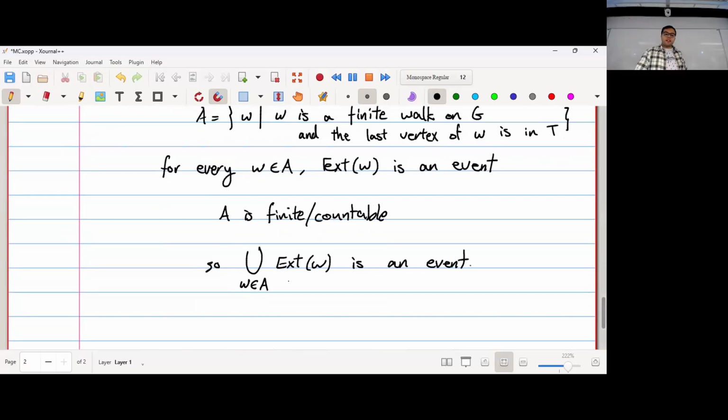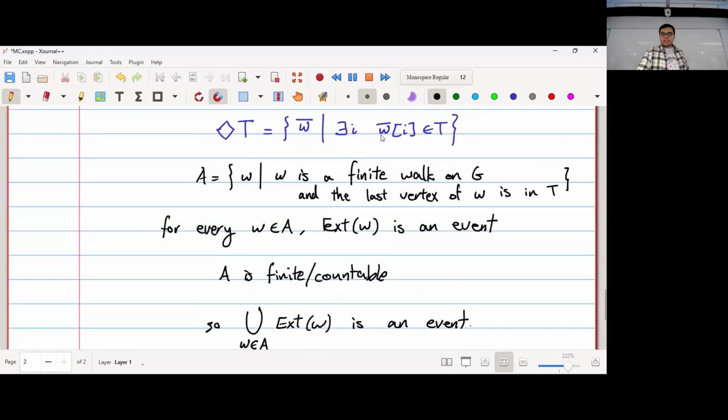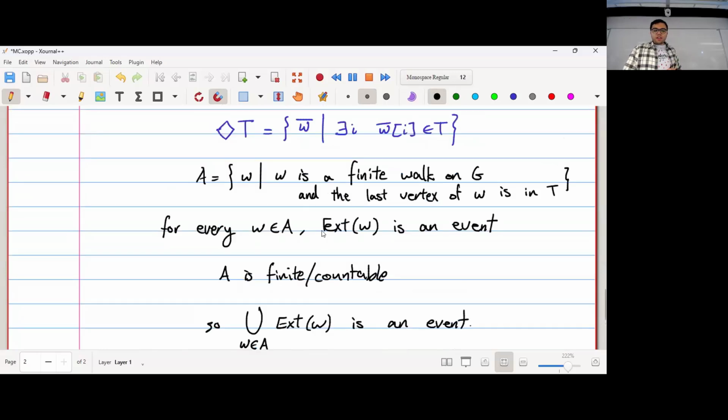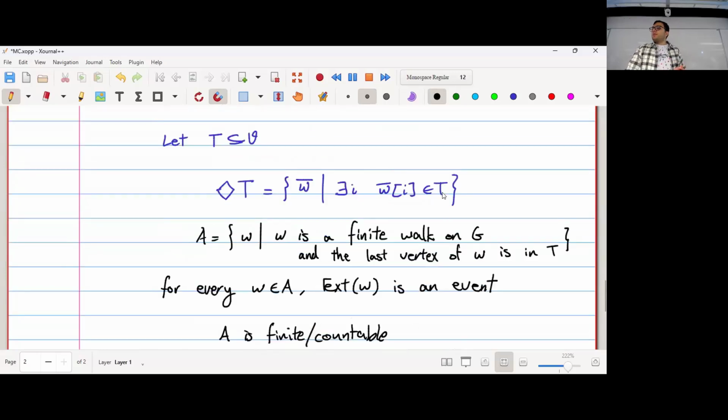Okay. But this is exactly the set that I was looking for. This union is exactly the set of infinite walks that visit T at some point, right? Because imagine I have an infinite walk that visits T at time I. I just take the prefix up to time I. That's a finite walk that ends at one of the vertices in T. And then if I extend it, I have my infinite walk in that extension, right?